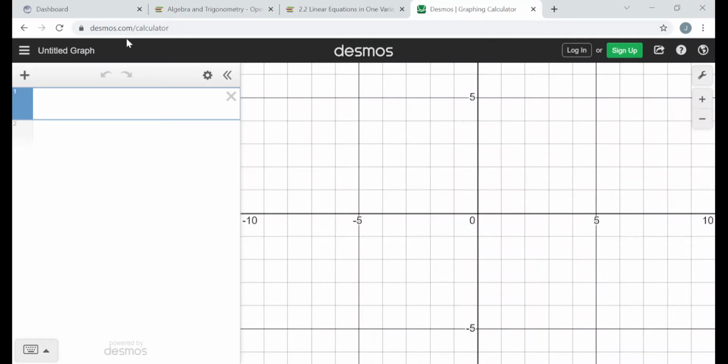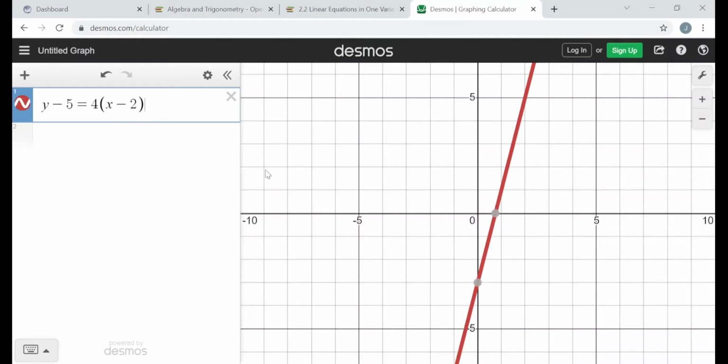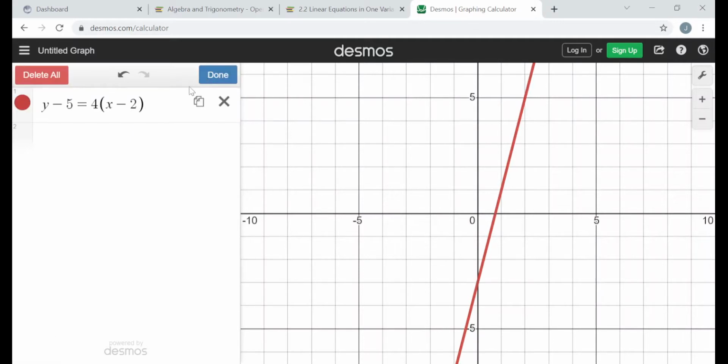What I'm going to do is put in the equation for this line in point slope form that we found: y minus 5 equals 4 times the quantity x minus 2. You can make a little table to go along with this. Well, actually, you can't because it's not y equals. You've got to solve for y to be able to make a table.